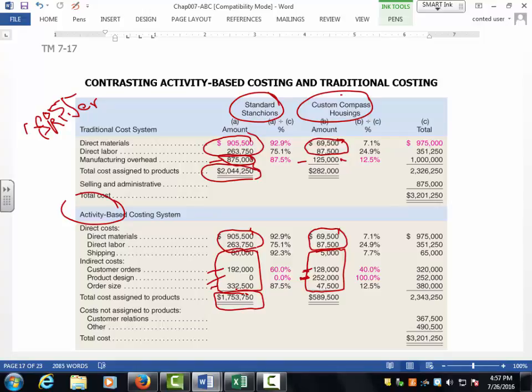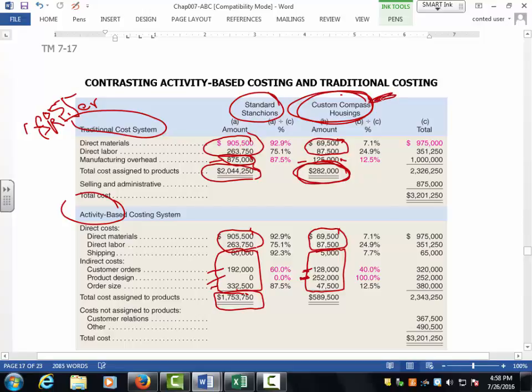Under the traditional approach, the custom product would only cost us $282. Whereas if we use activity-based costing and say if you use the resource, you have to pay for it. So all the overhead costs that occur because of the customization, then you have to pay for it. Now that price is doubled.